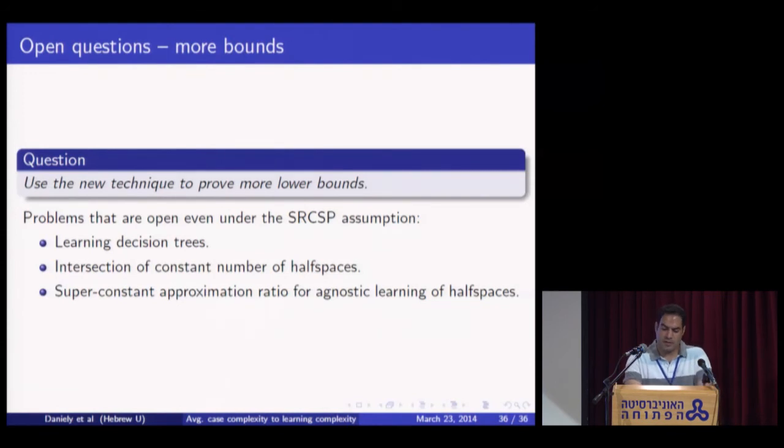The second is the problem of learning intersection of constantly many half spaces, maybe even two half spaces. And the last problem is about agnostic learning: to show that it is hard to learn half spaces in the agnostic model with a super constant approximation ratio. Okay, so here I'll finish.